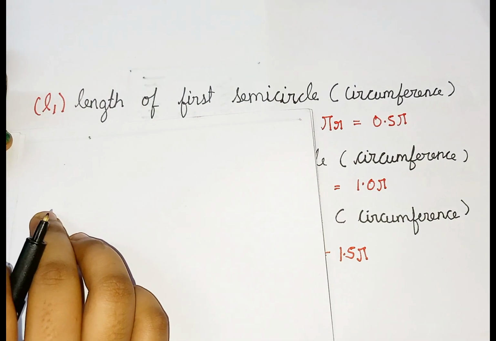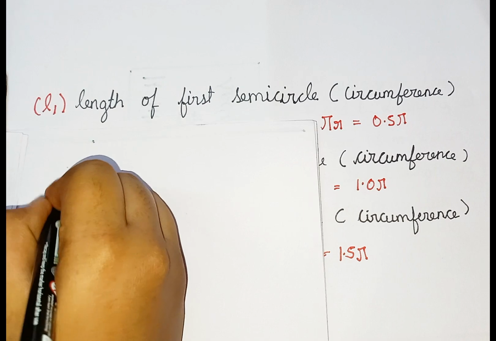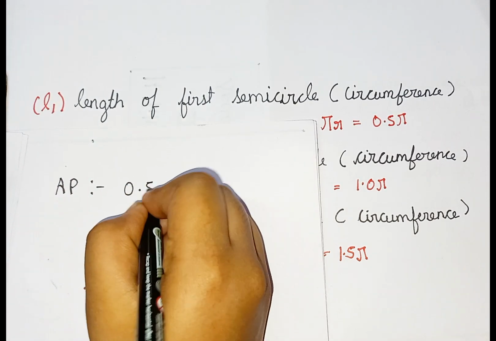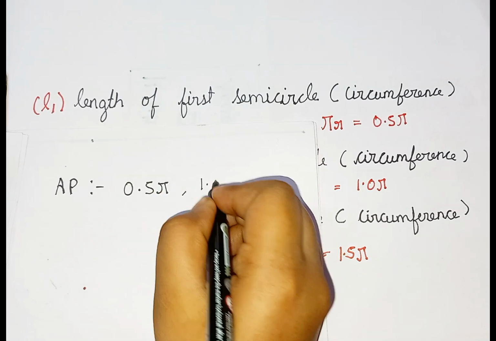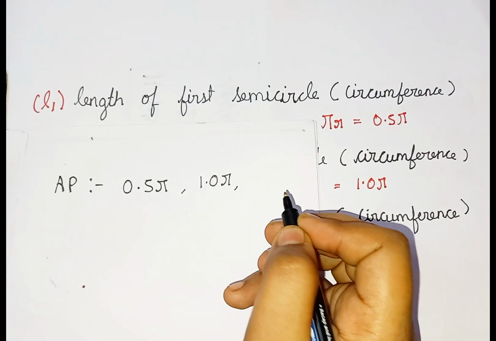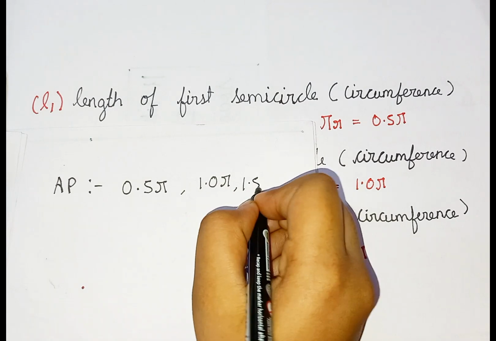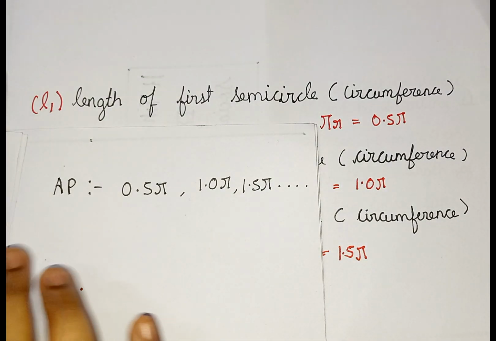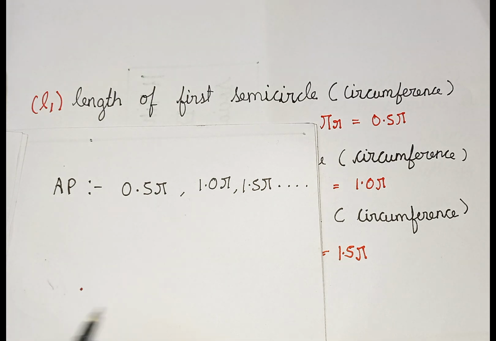Let me just write it, guys. So AP is equal to 0.5 pi, 1.0 pi, 1.5 pi and so on. So this is the AP. Finally we got an AP, isn't it? Now we can find the a value.